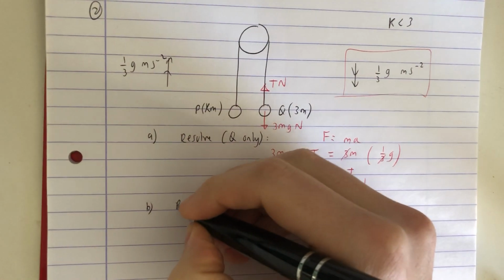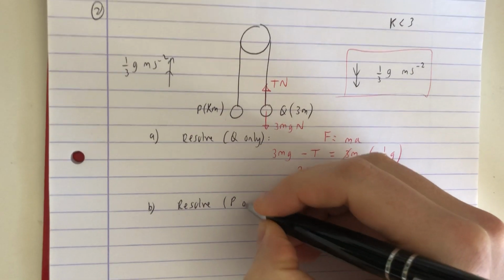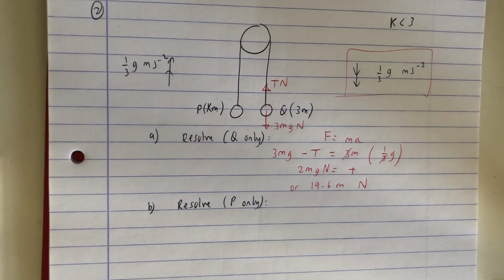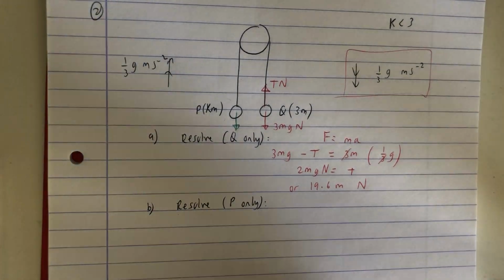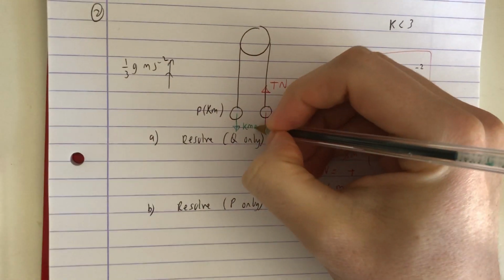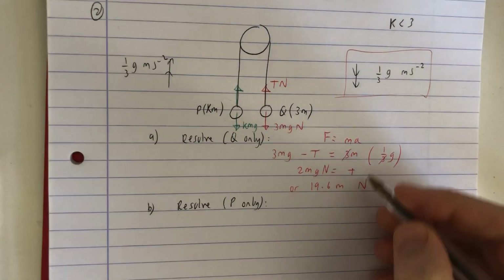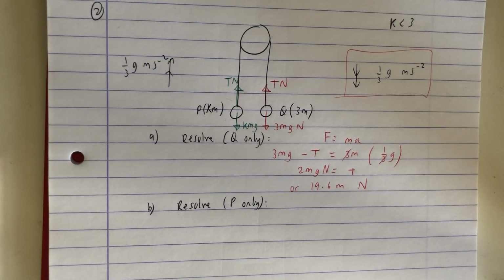Okay, part B wants you to show that k is equal to 1.5. So this time we're going to resolve the other particle. Label the forces acting on P. It has a weight, which is kmg. It has a tension because it's attached to a string, and that'll be the same as this one, T newtons, and that's it.